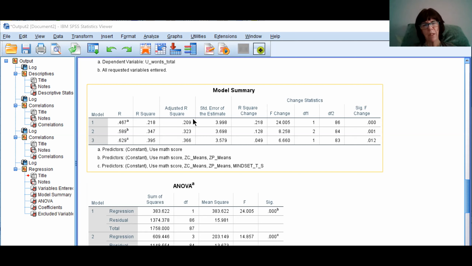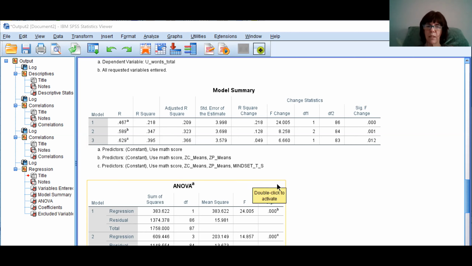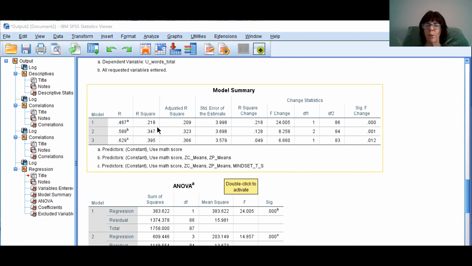There's this term adjusted R-square, which you also have to report if you're doing this kind of analysis. It's not directly interpretable, so we're going to think of this as 22% of variance. We don't really pay attention to R-squared change here because it's changing from nothing, so the values are going to be exactly the same. Is it significant? This is analyzed with an F statistic, and yes, it is.